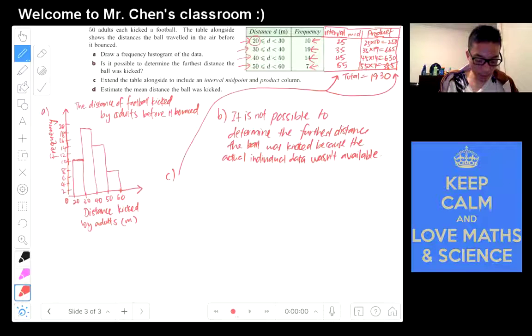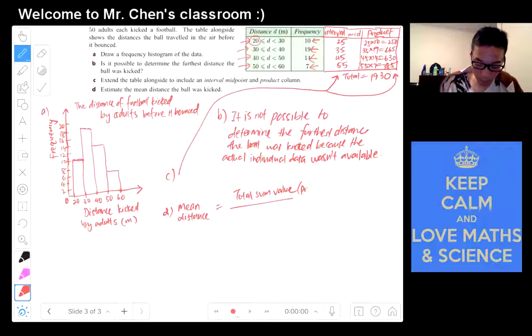Let's see. And D, estimate the mean of the distance the ball was kicked, so mean distance. It is the total sum value. Sum value means you add up the products, divided by sample size.